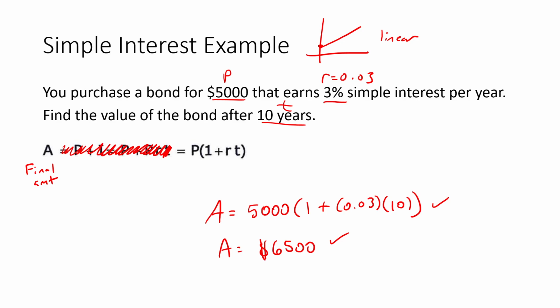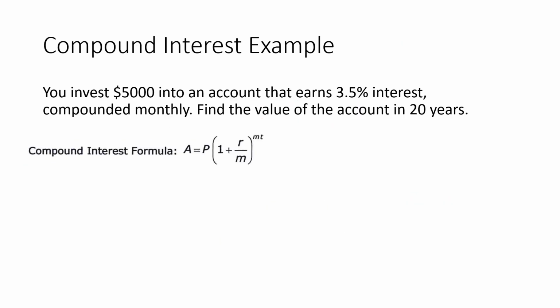Okay, compound interest. A little more complicated to compute, but again, you're given the formula. You just need to know how to use it. The letters all stand for the same thing. The only new letter is this M, and that is the number of compounds in a single year.